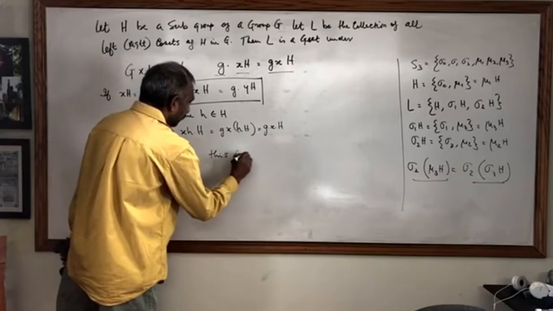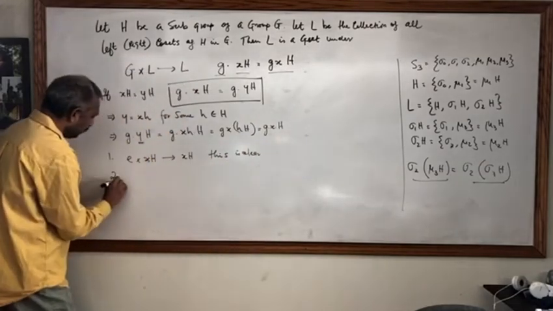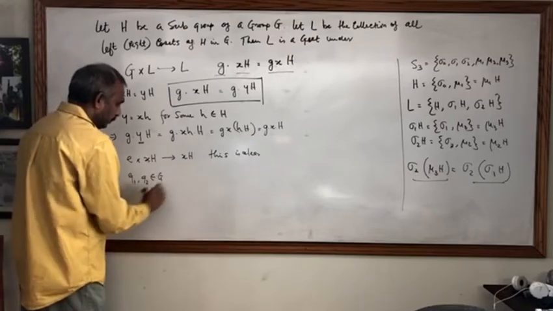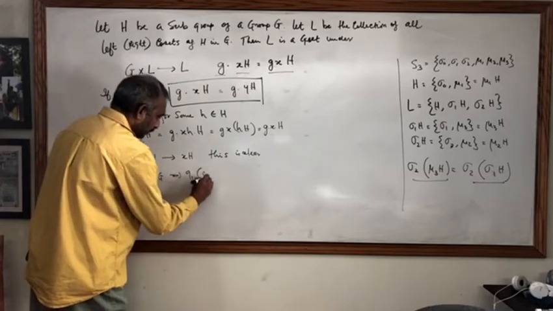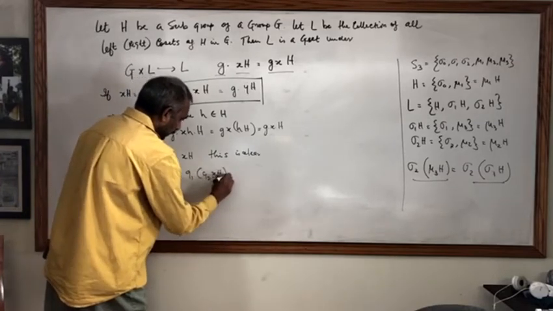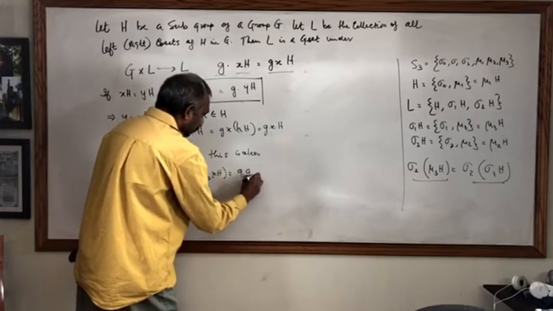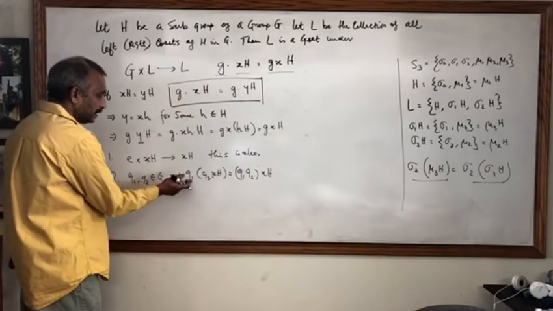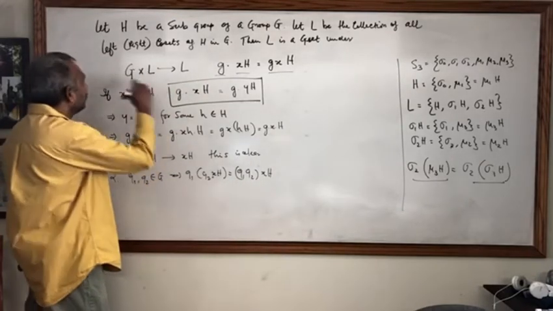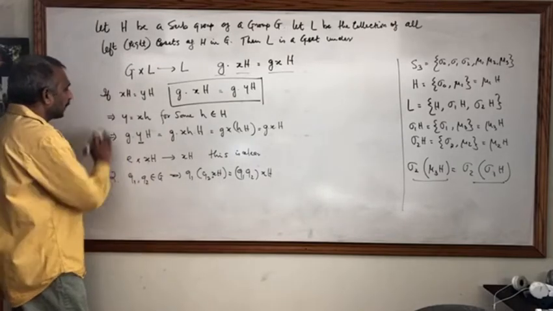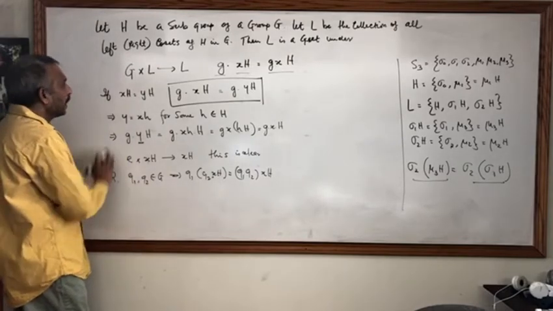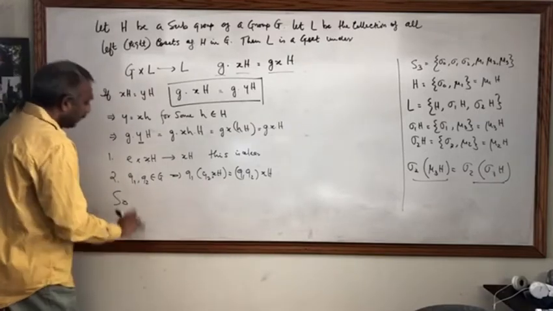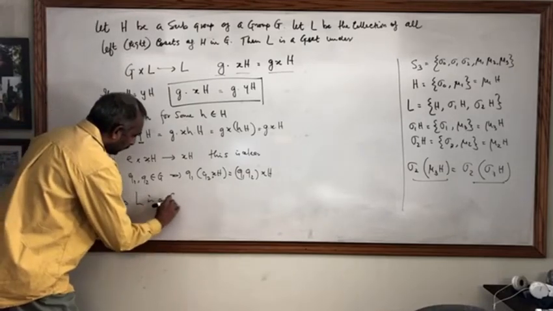Second one is g1, g2 belongs to G implies g1 of g2 of xH is equal to g1g2 of xH. That's also clear because all these g1, g2 and x are in G. So all the axioms of the action are valid and it is a valid map. So L is a G set.